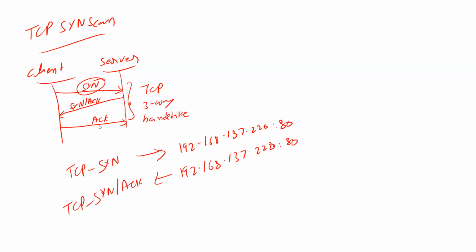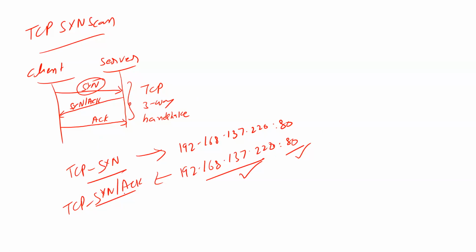So if you are sending a TCP SYN and you receive a TCP SYNACK, it means this IP address is available and this port, whatever you are trying to check, is also available. The port is open. Only then you get a SYNACK, right?